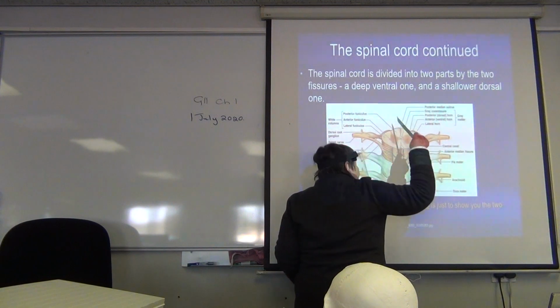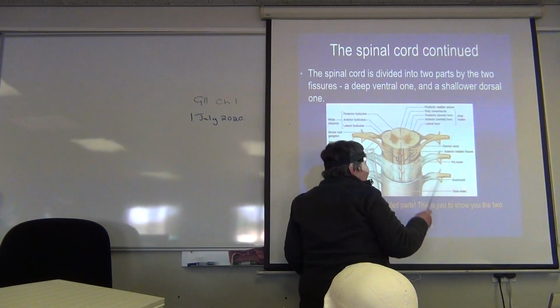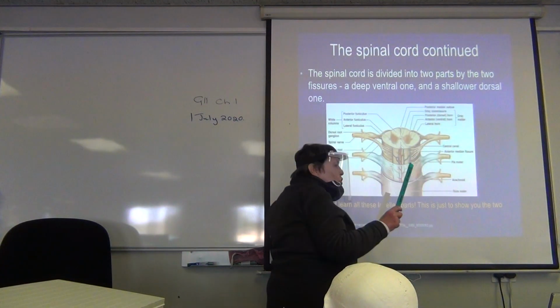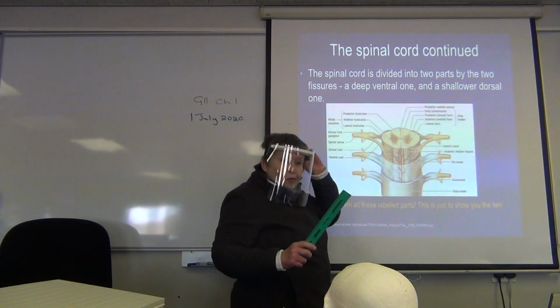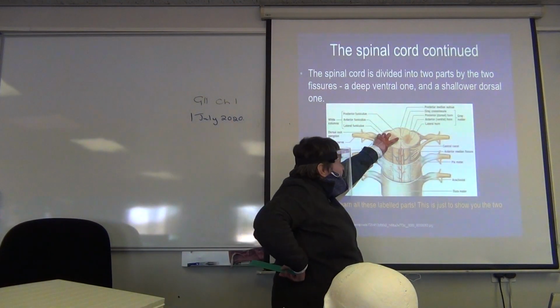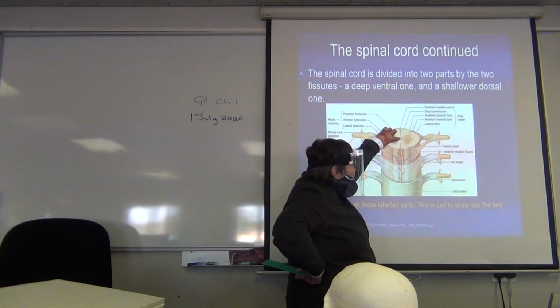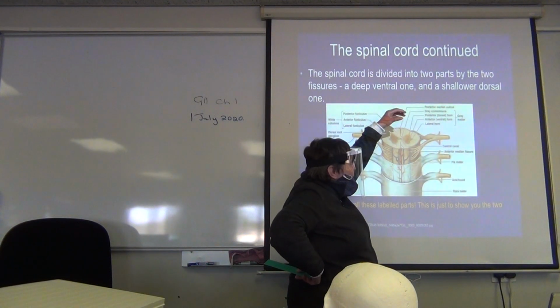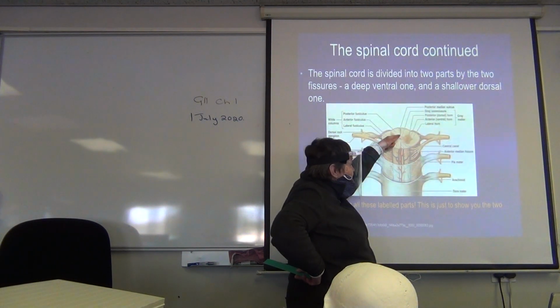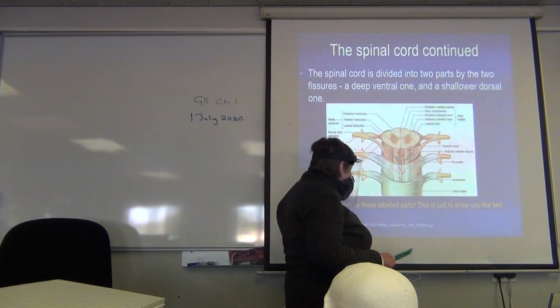It's a little canal that runs all the way down the center of the spinal cord, and remember that that is connected to and continuous with the fourth ventricle in the brain. And so the cerebrospinal fluid that is in that central canal is the same cerebrospinal fluid that is in ventricle 1 and 2 and 3 and 4. And it just continues down through the center of that.